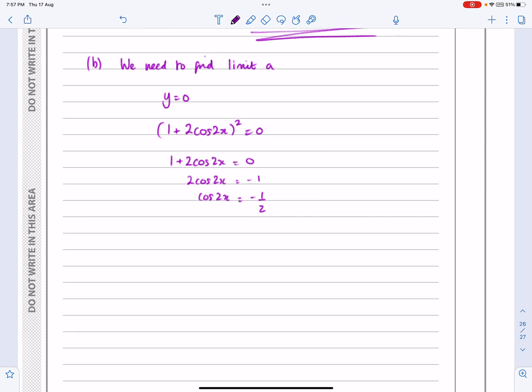So we're now trying to solve that. So if we do try and solve that, just a quick reminder about the CAST diagram, all sine, tan, cos. When is cos going to be negative?